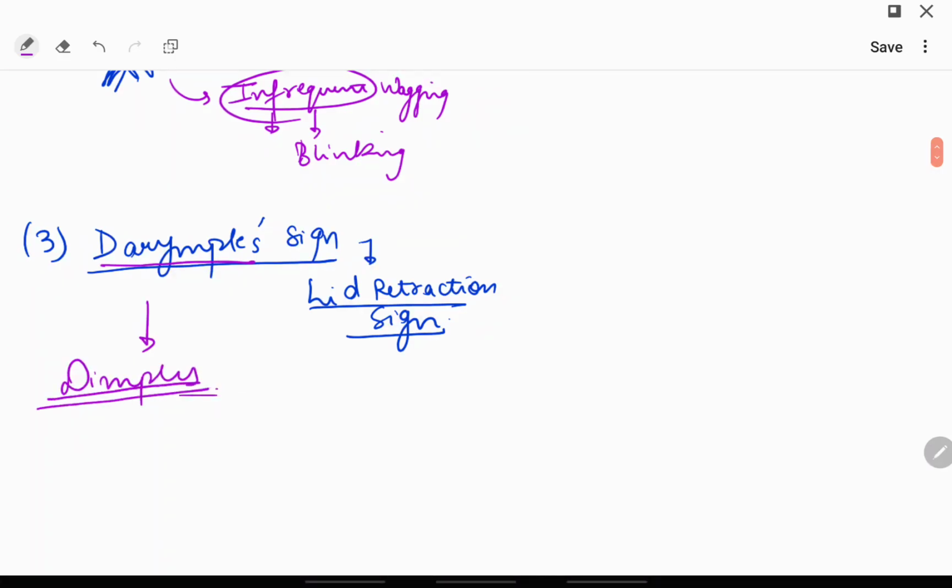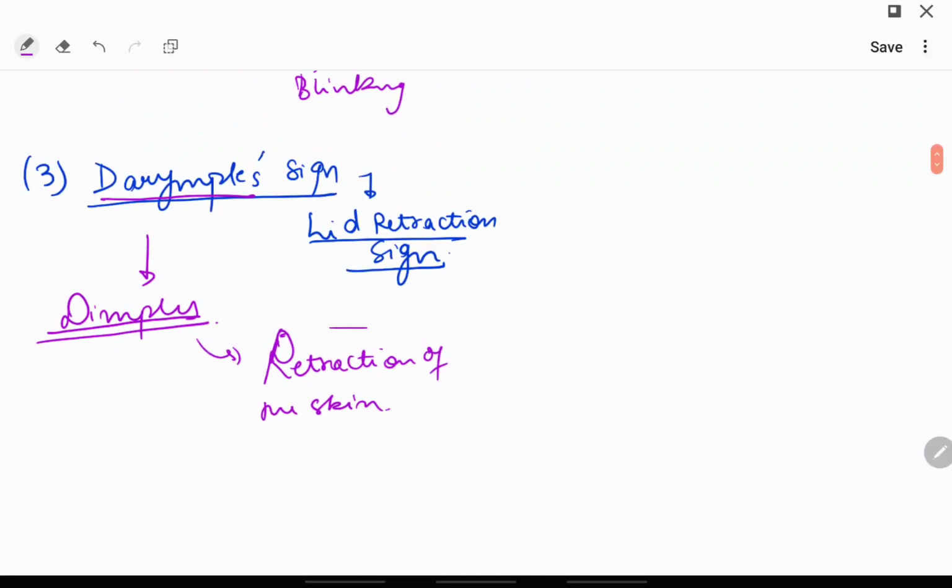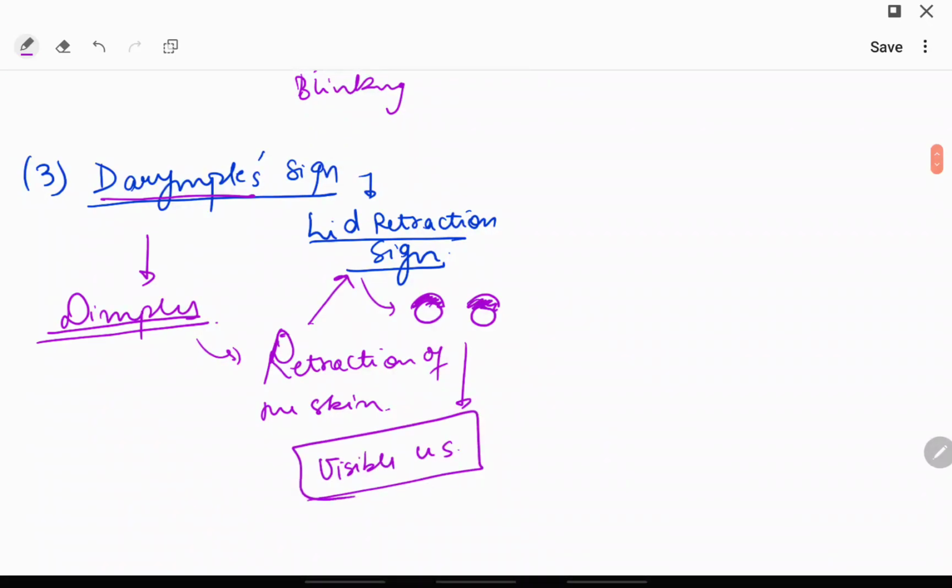Okay, and in dimples there is retraction of the skin. So there is retraction of the upper eyelid, and therefore it leads to visible upper sclera. The upper sclera is visible. Okay, when you try to look in the eyes of the patient, there is visible upper sclera. Okay, so this is the dimple sign.